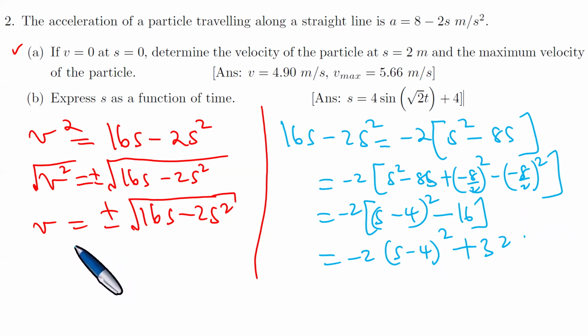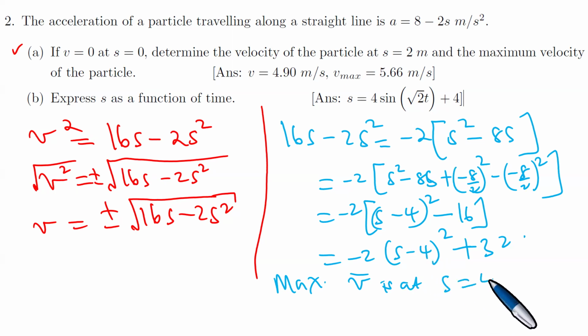This is one way to do that, but you can also use differential calculus. If we use differential calculus, we are sure that the maximum, which is the maximum velocity, is at the vertex, at s equals 4.